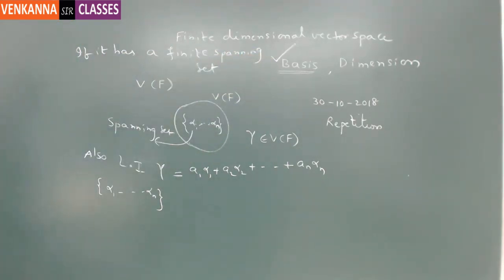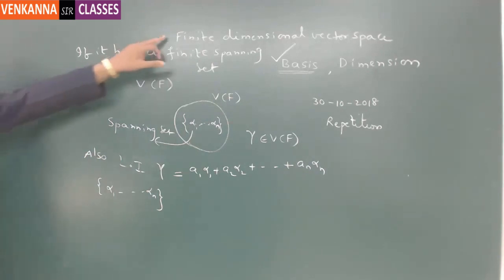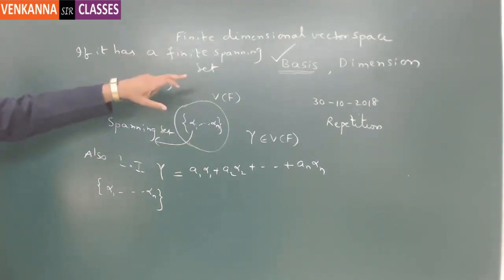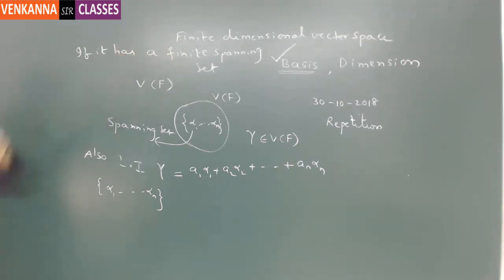That means you are able to find a set having a finite number of elements in V such that whatever vector you take will be written as a linear combination of those vectors. And there is one good result that whenever you have a finite dimensional vector space, it always has a basis.